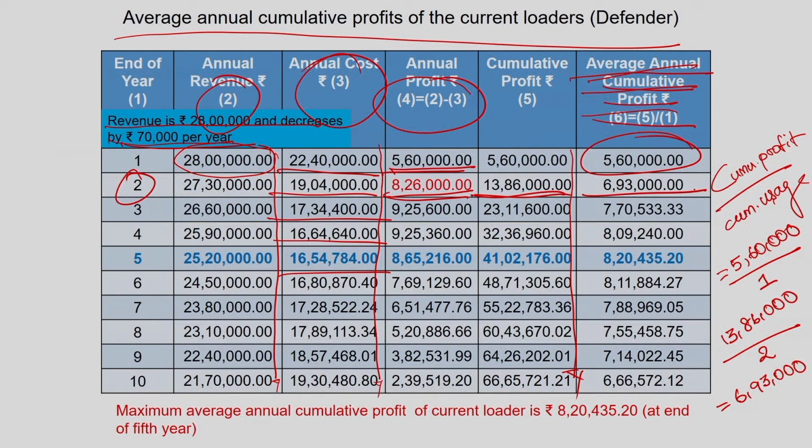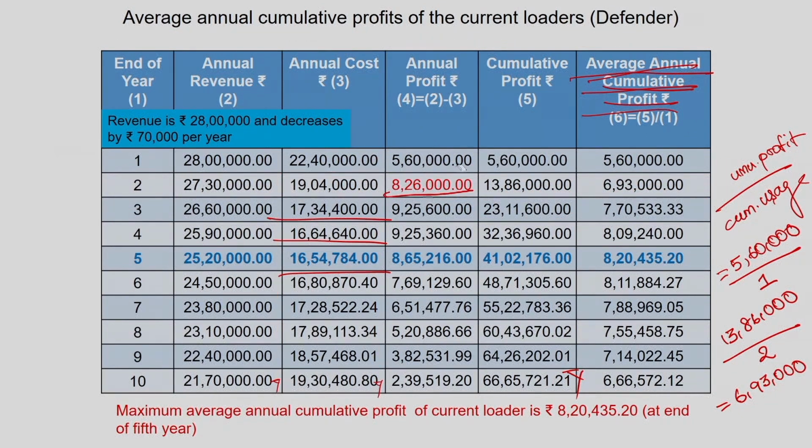Similarly, calculate for the third year: the cumulative profit is 23 lakh 11,600 divided by 3 years, that gives me 7 lakh 70,533.33. So, this is how you have to estimate based on the maximum profit method.